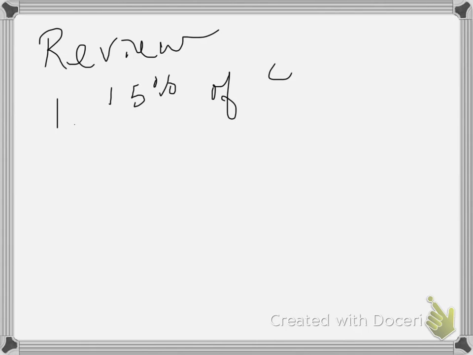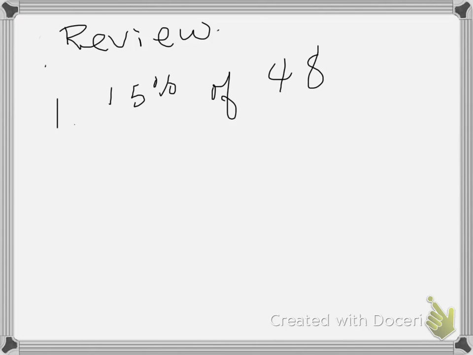Okay, this is the review sheet for the test that you should have in your hand that says review, in case you can't read it. The number one is 15% of 48.